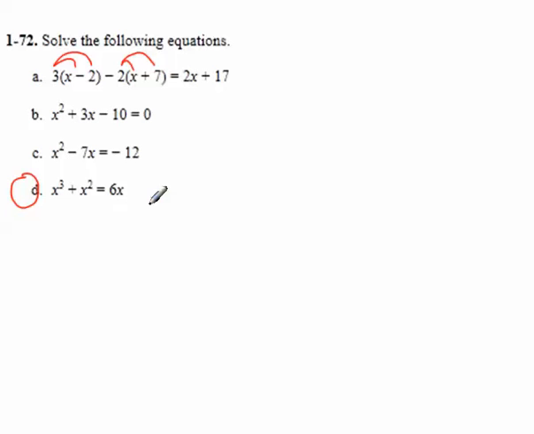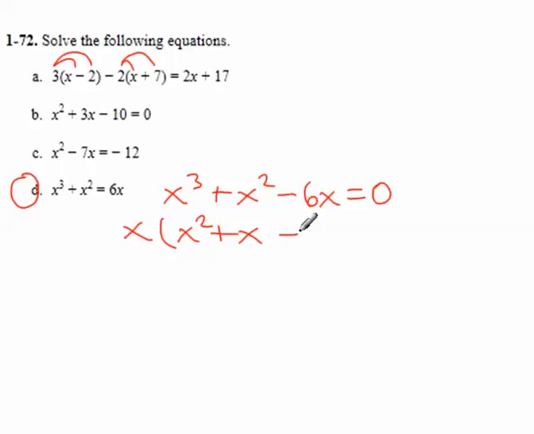Let's take a look here at D. Since I know I'm going to end up with a quadratic, I want everything on the same side of the equals sign. So I'm going to subtract the 6x from both sides and end up here. Now, let's factor out an x. So I end up with x squared plus 1x minus 6.